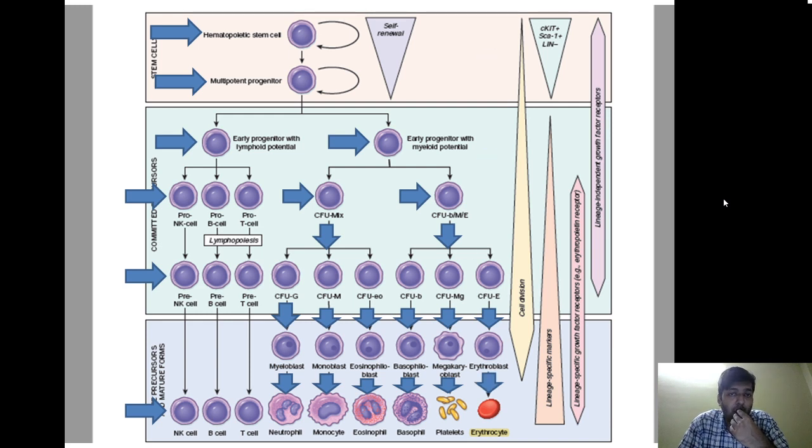So this is how our basic hematopoietic process goes. Now as you can see, as you go down the lineage, the cell division or proliferative capacity increases, and lineage specificity and development of lineage specific markers increases.